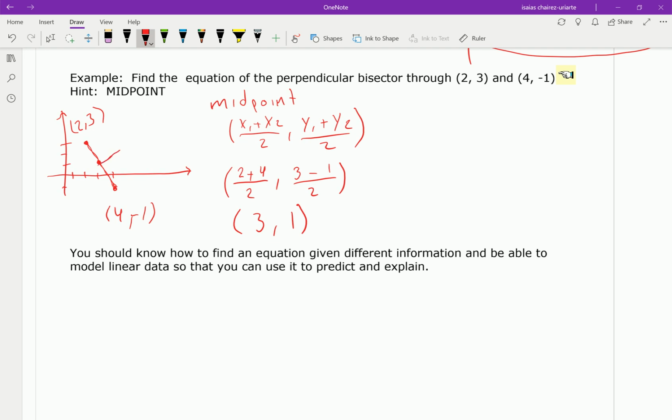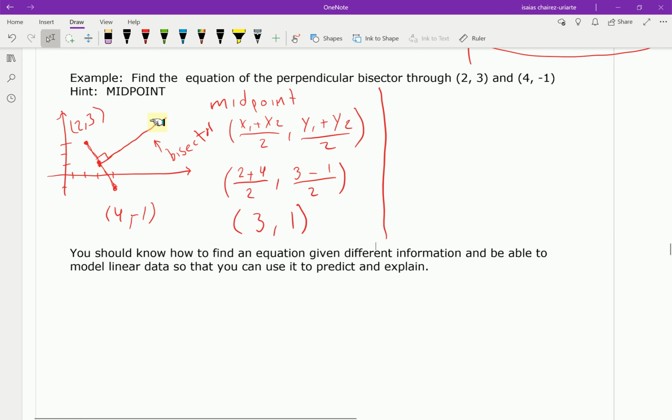And so then the perpendicular bisector is some line that starts right there at the midpoint. This is the perpendicular bisector. I'm just going to call it bisector. It's perpendicular. Now what the question is asking us is to come up with the equation for the perpendicular bisector.